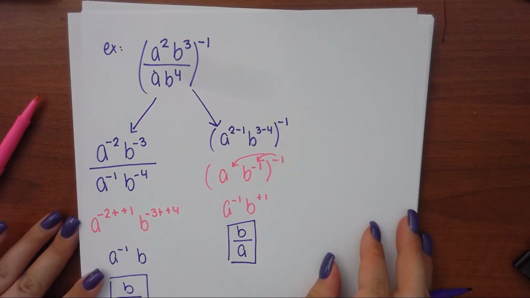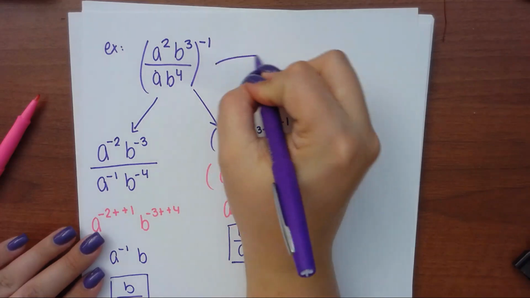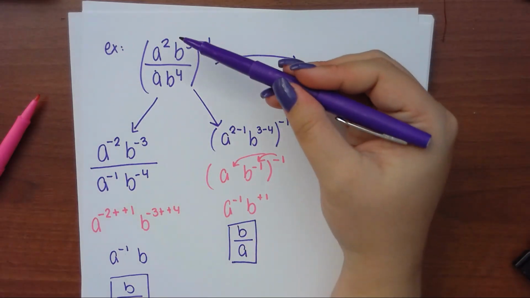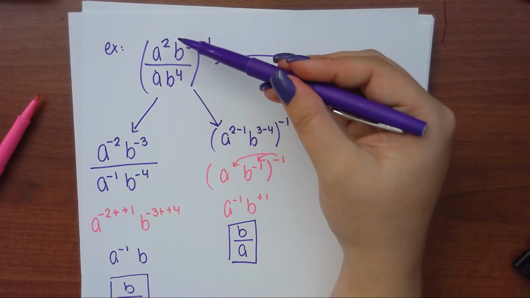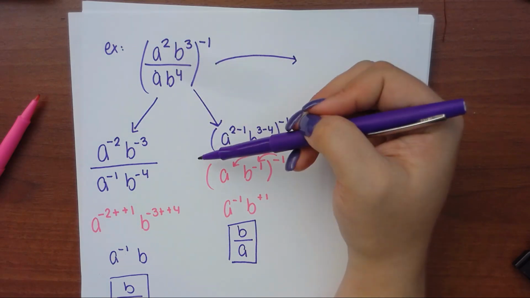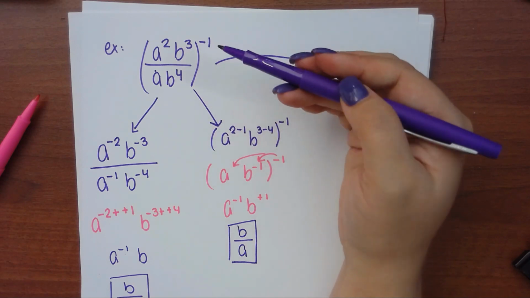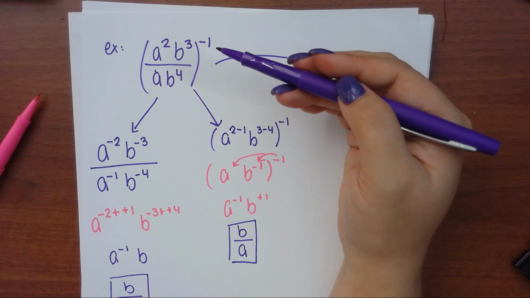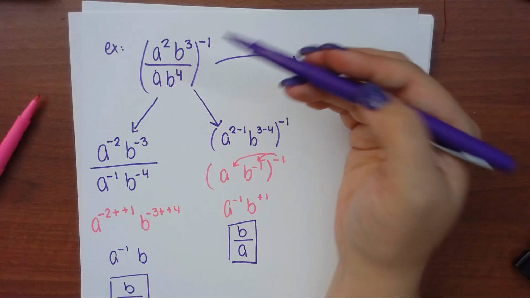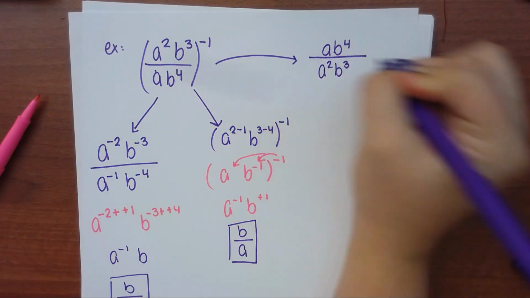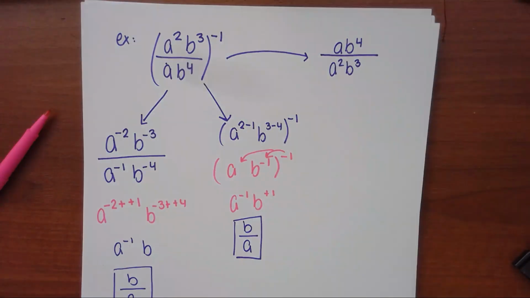But my preferred route here would be this. Remember that if you have a negative exponent, you are basically taking the reciprocal. You're moving whatever is in the numerator to the denominator, and whatever's in the denominator to the numerator. So one way to fix this is to create a fraction here. So a b to the 4th would go to the numerator, and a squared b to the 3rd would go to the denominator, and then we can complete the rest of the problem.